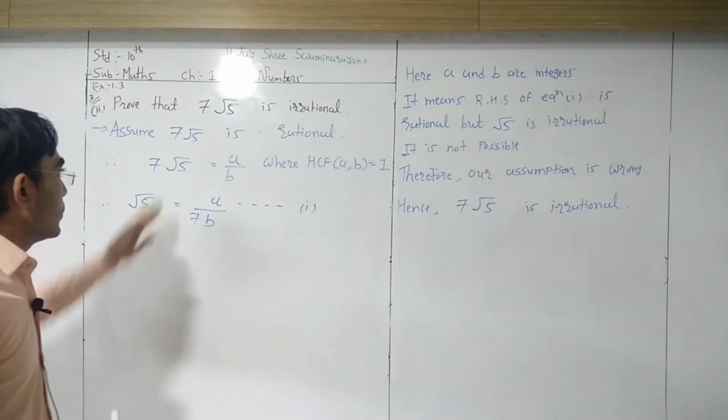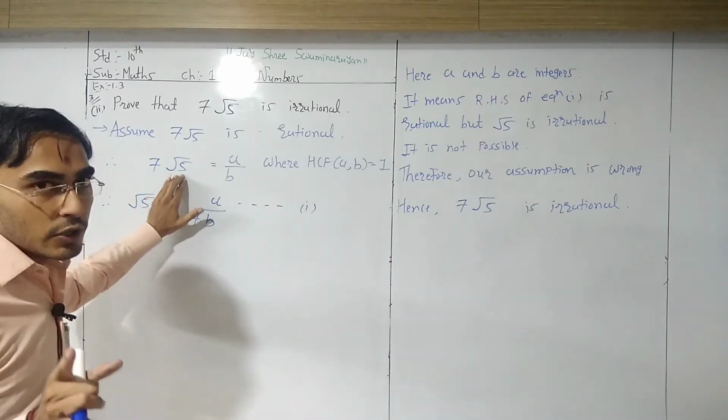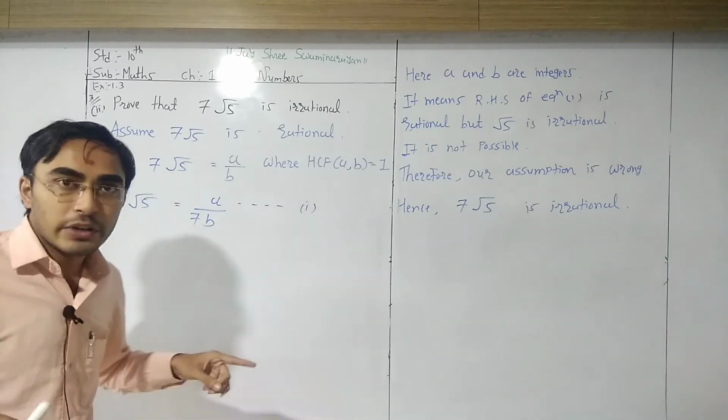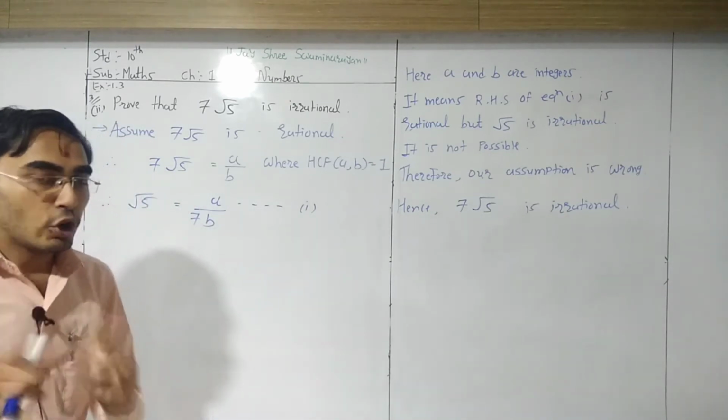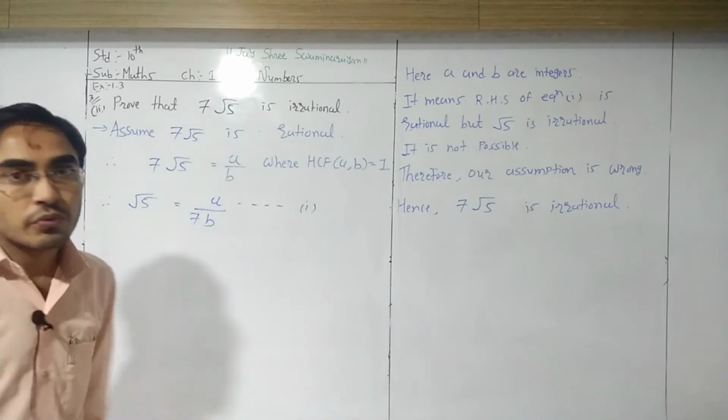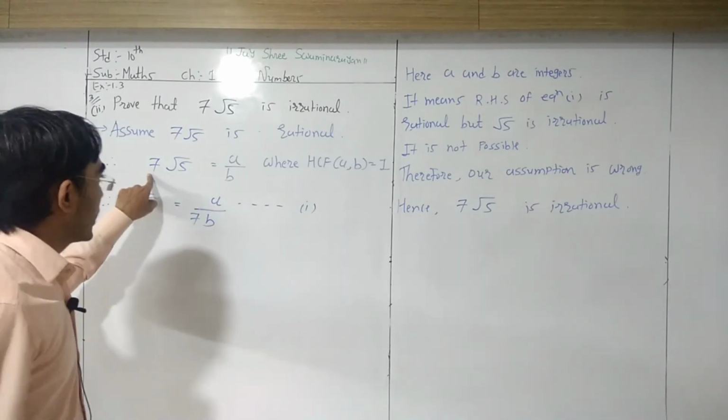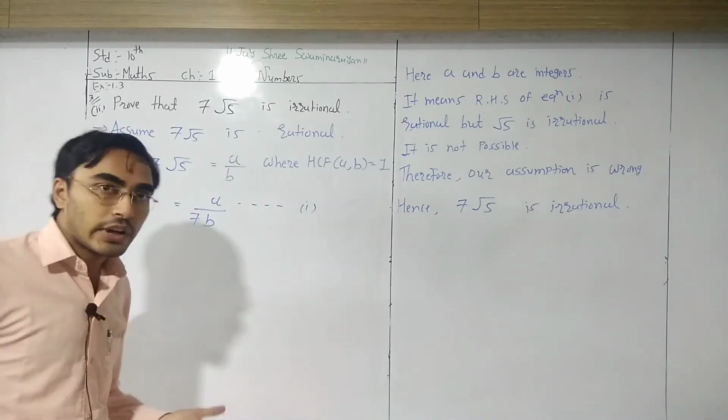Now we want only under root 5 on the left hand side, so we need to transfer this 7 to the right hand side.